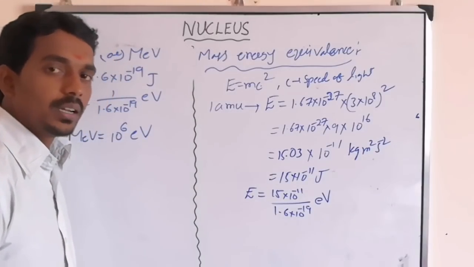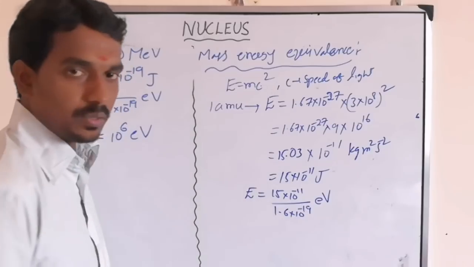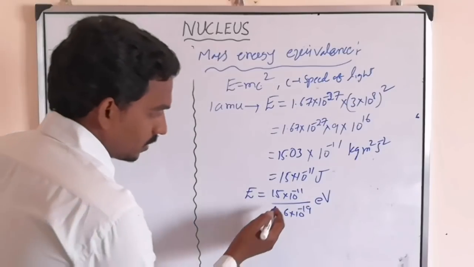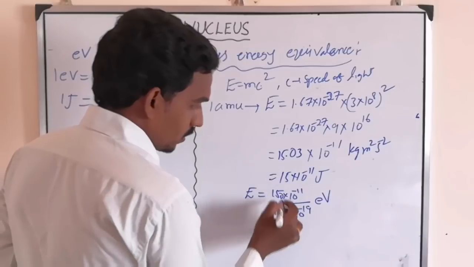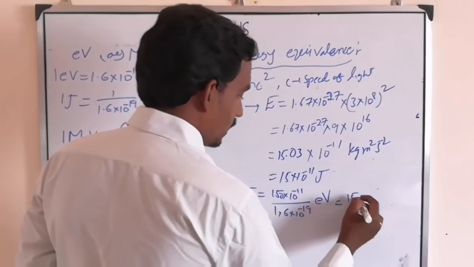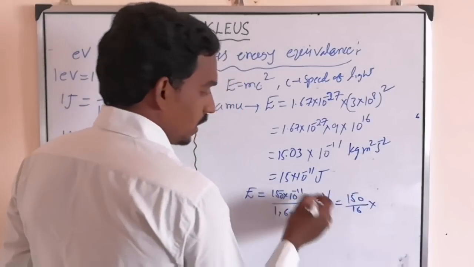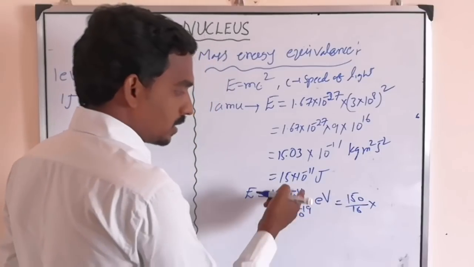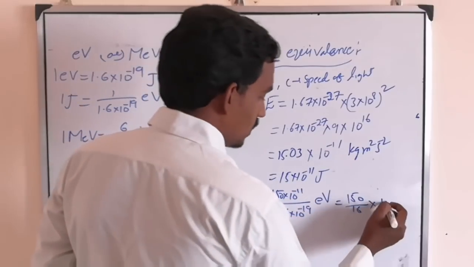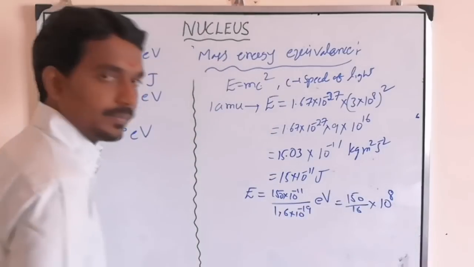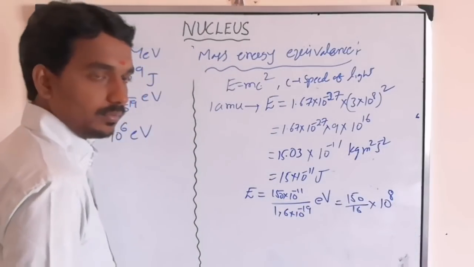In dual nature of radiation and matter, we have done many questions like this. So it is 150 by 16 times 10 power plus 19 minus 11, that is plus 8.